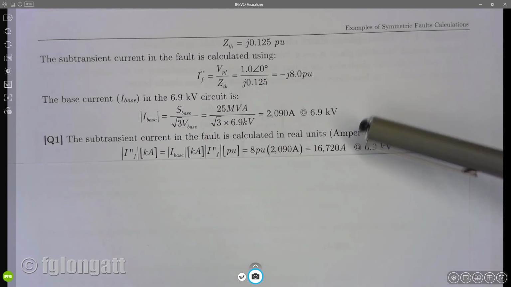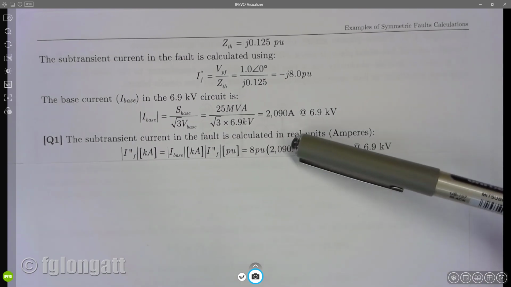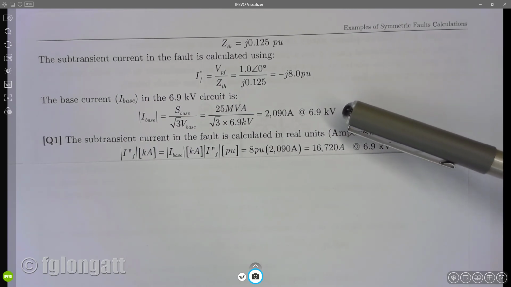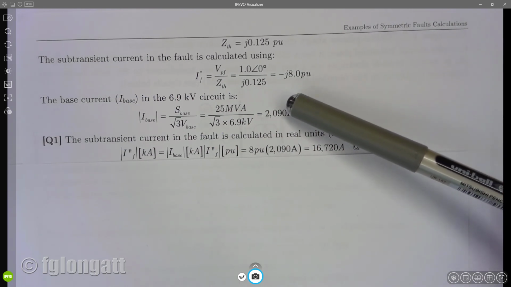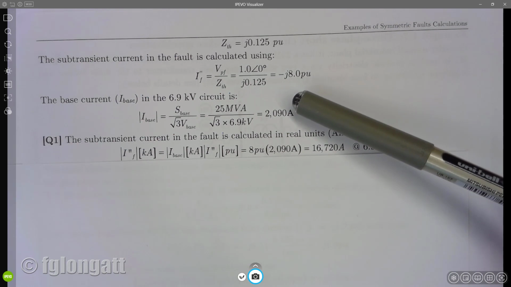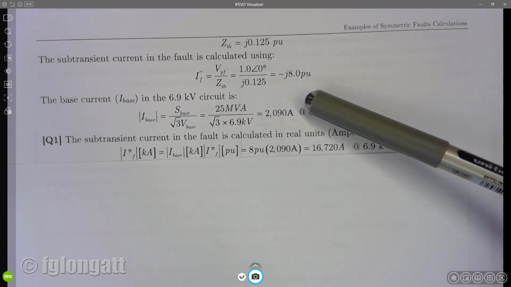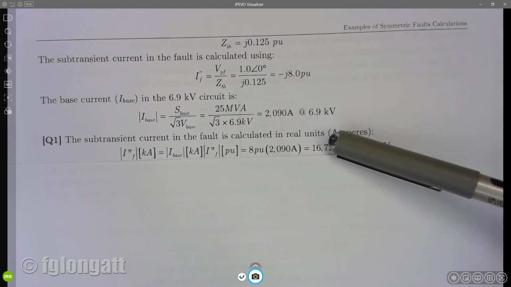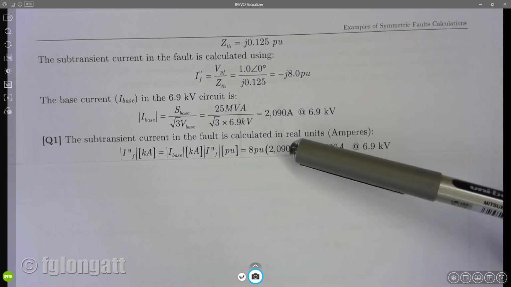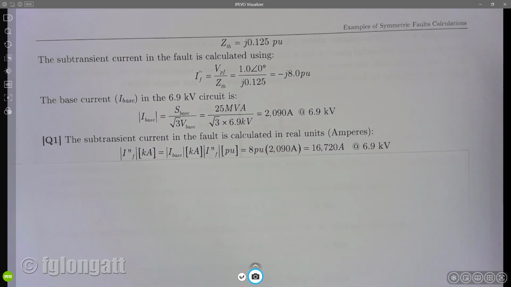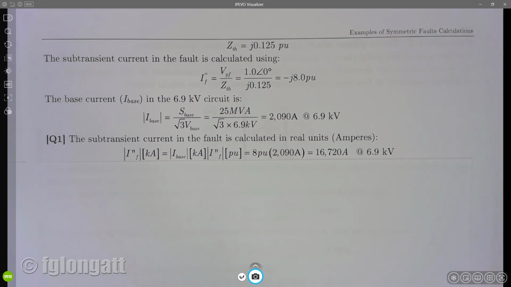This is extremely important because I want my students to be aware that this base current is on the low voltage side of the transformer. This is 2.09 kiloamps, referred to the low voltage side. I multiply the per unit value using the base, and I obtain that the current at the point P is 16.7 kiloamps.